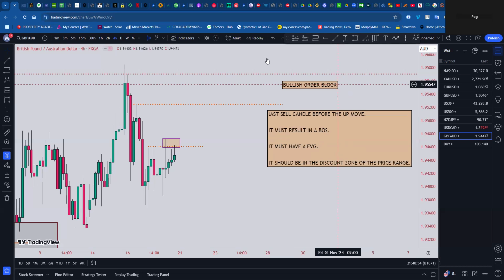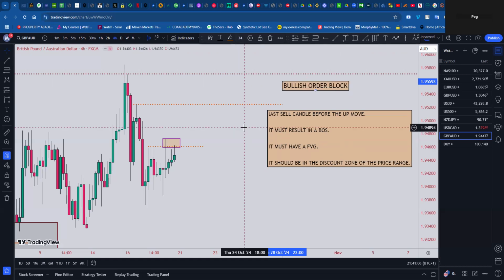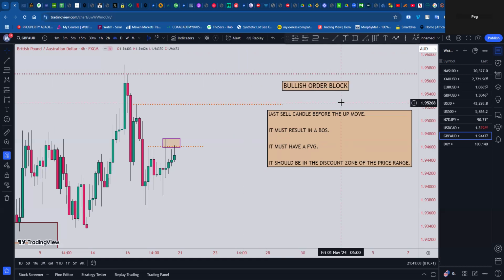So does that make sense now? Should I go over it again? Yes. Okay. So I do the change of character when I get ready to set my entry, right? See, first thing is, when you determine your trend, you look for the appropriate order block.